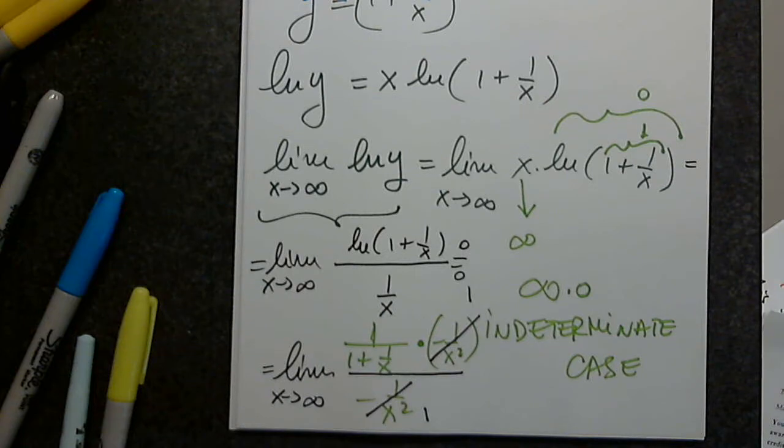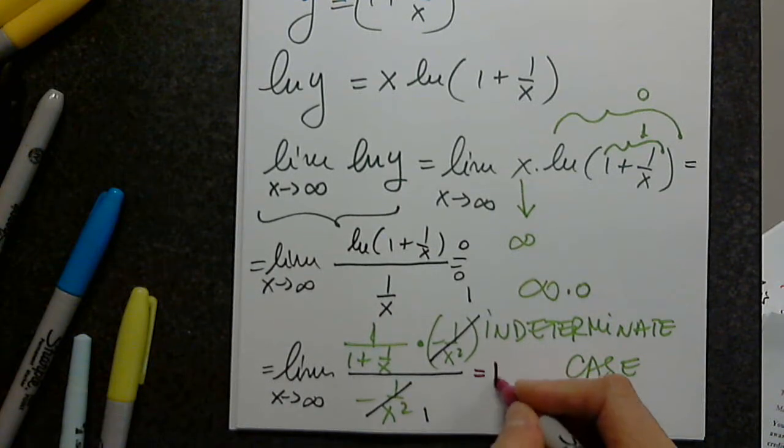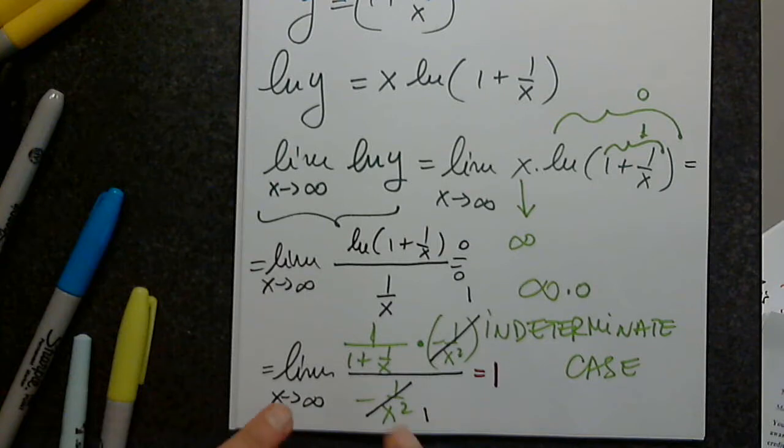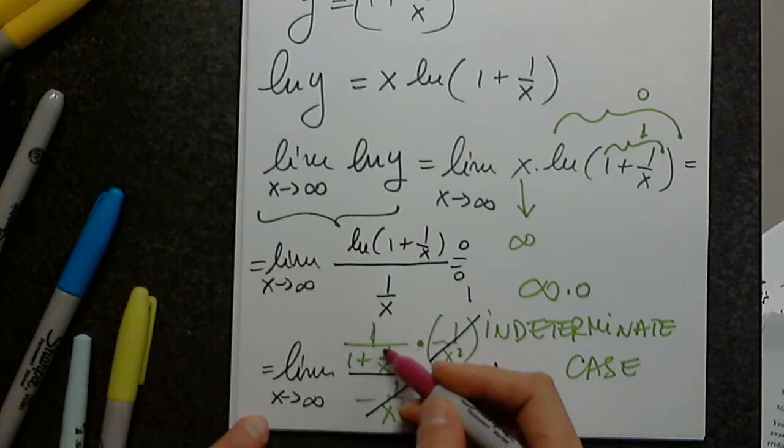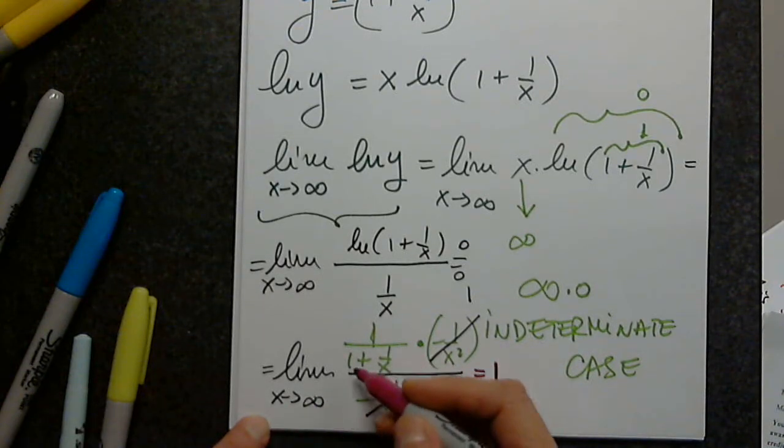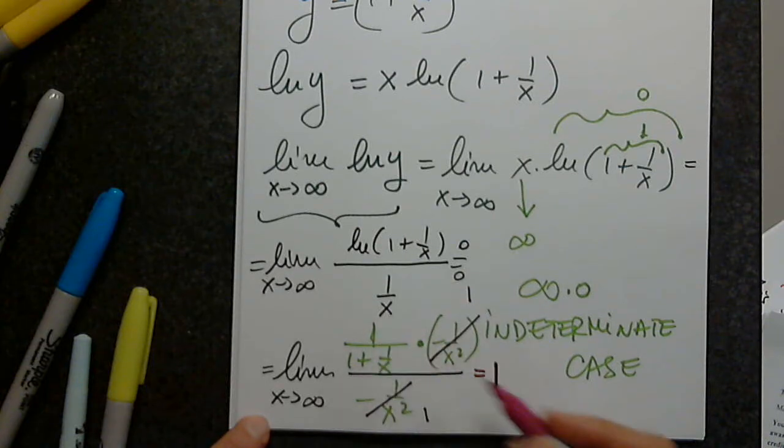And now please plug it in and tell me what you get. 1. Indeed. Because when x approaches infinity, this approaches 0. 1 plus 0 is 1. 1 over 1 is 1.